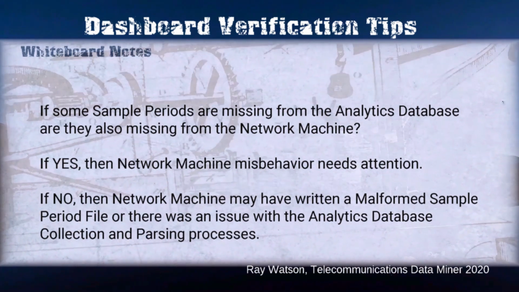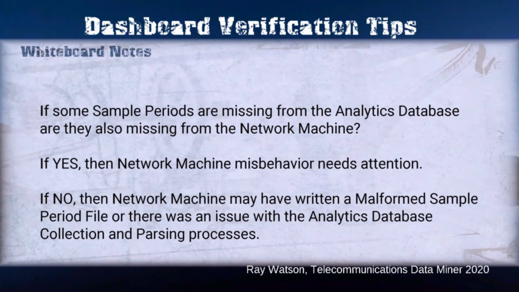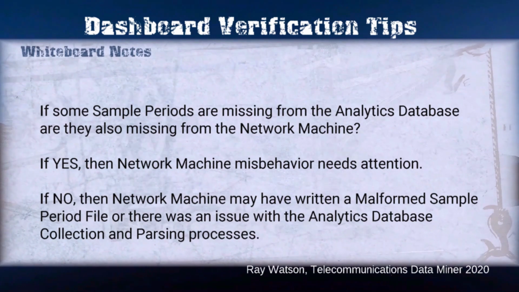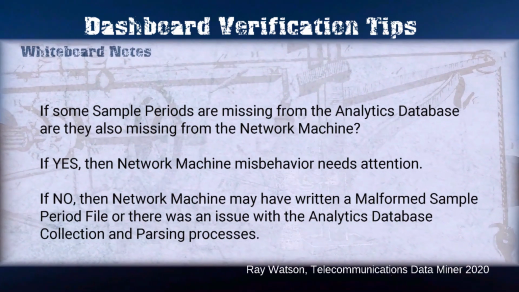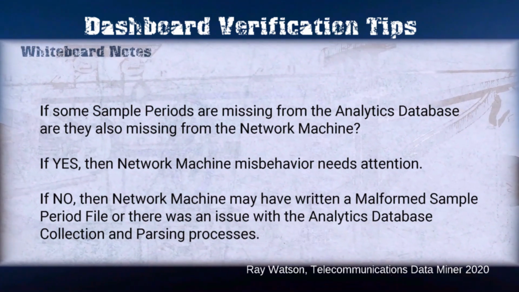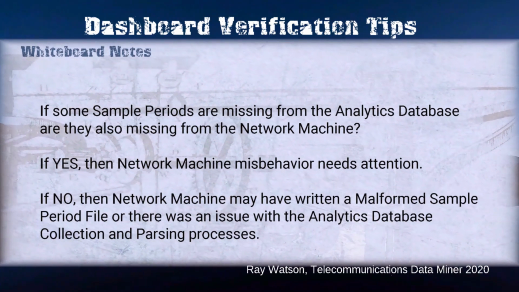One such scenario would be missing sample periods. If we observe certain sample periods missing from the analytics database, we would compare the analytics database to the original machine sample period file information to determine if the missing sample periods are also missing in the network machine.